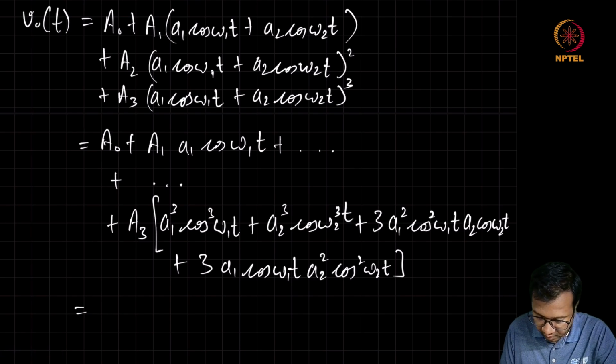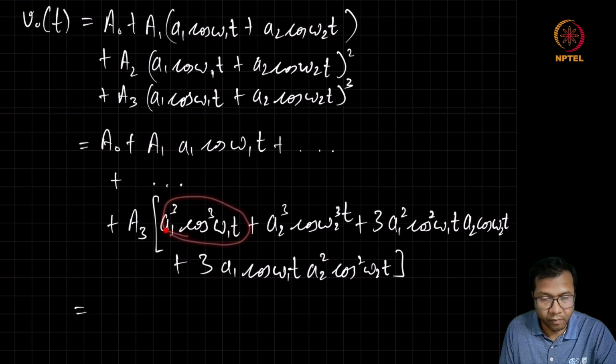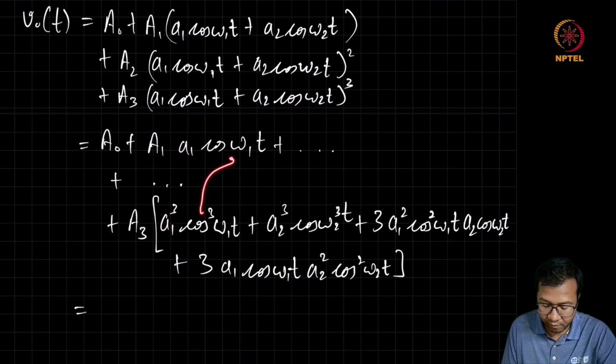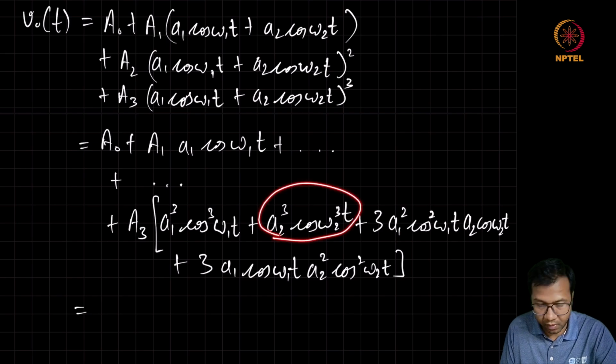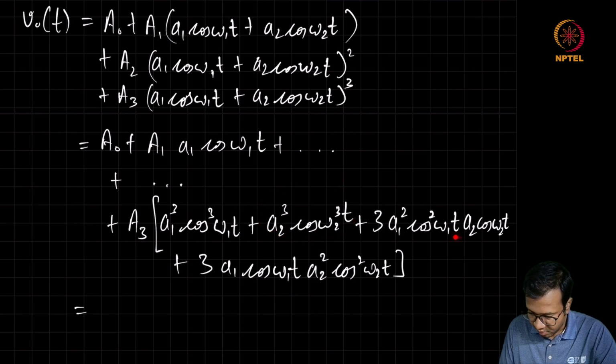From the earlier derivation, we already know that this cubic term is going to give rise to a term at the fundamental frequency of A1, omega 1. This term will not give any term at omega 1. Here also, this cos square omega 1 will give rise to terms at DC and 2 omega 1, and multiplying with omega 2 will give frequencies at omega 2 and 2 omega 1 plus minus omega 2.